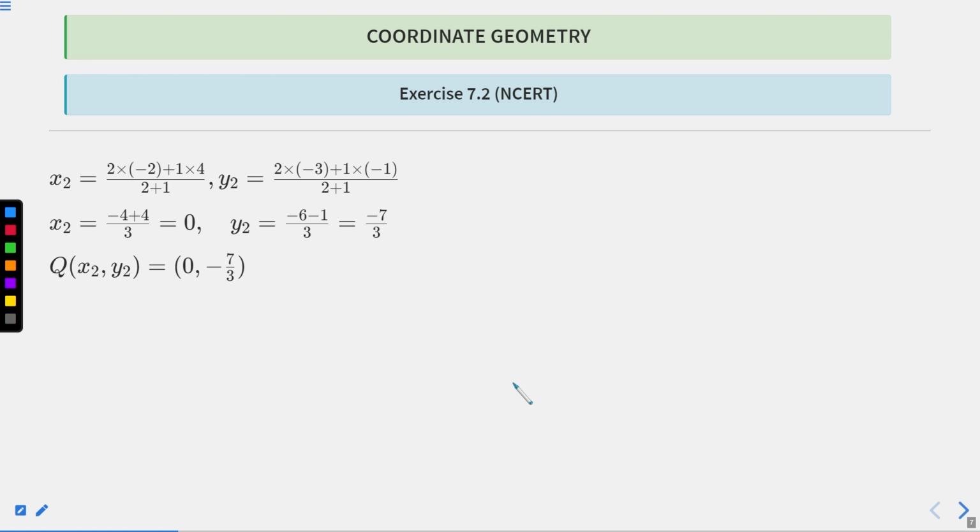And y2 is equal to 2 into minus 3 plus 1 into minus 1 divided by 2 plus 1. If we simplify it, we get minus 7 by 3. So the point Q of x2 comma y2 is 0 comma minus 7 by 3.